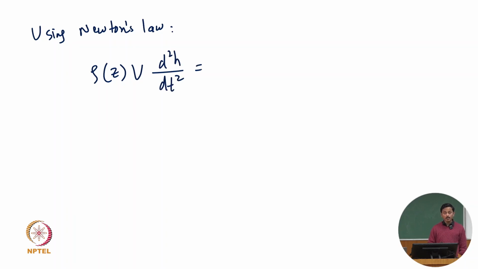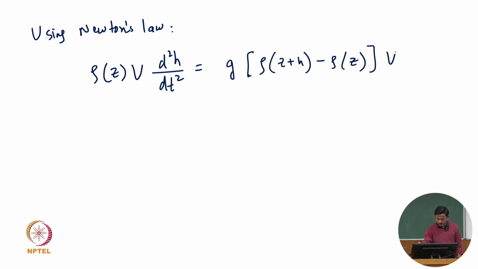This is the total acceleration of the fluid, and this is equal to the force which the parcel is experiencing. Mass times acceleration is equal to the total external force acting on the parcel.